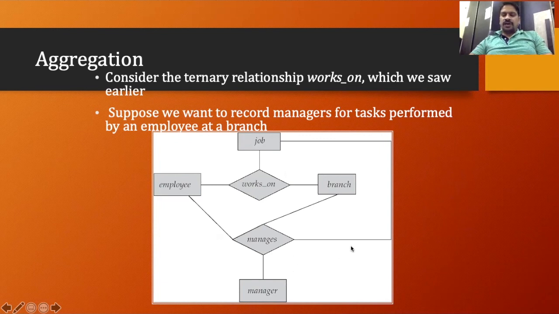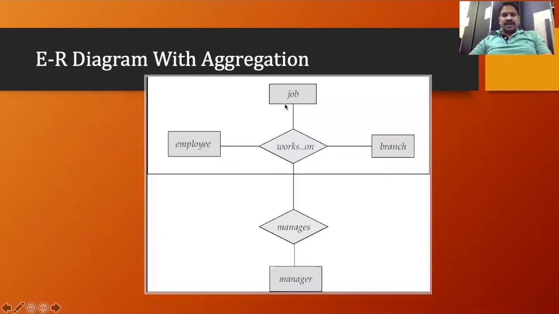Now, how can you put this together in such a way that it looks good? Can we transform this to represent it in a better way? That is possible with the help of the concept called aggregation. So what we do is aggregate the first part of it and make it one entity.